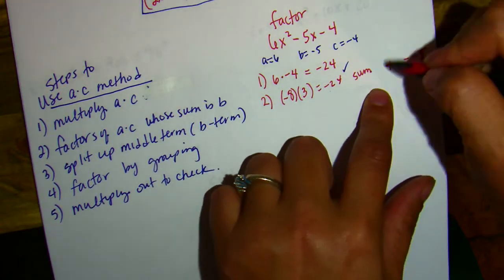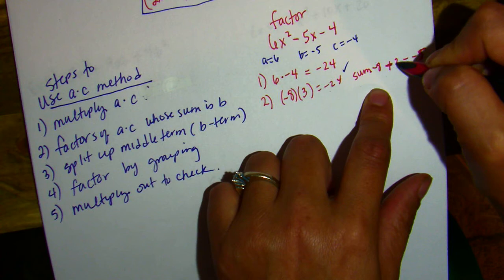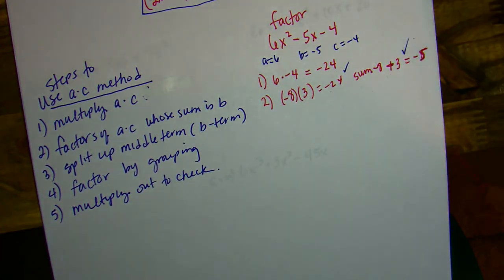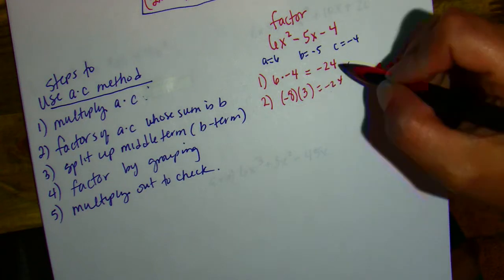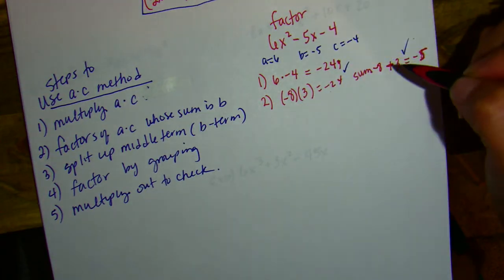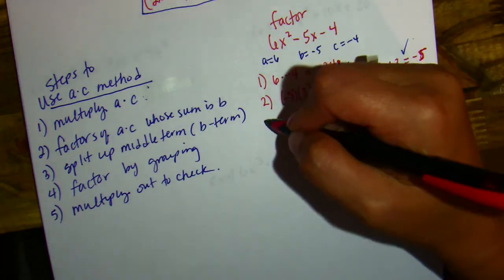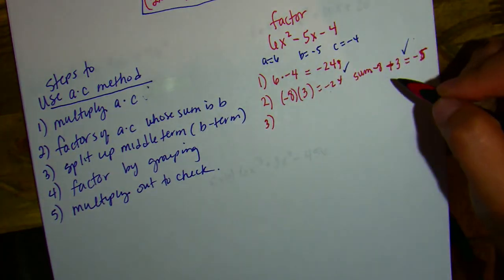But then over here, -8 plus 3 does give me -5. That's step 2. Figuring out what two numbers multiply to be -24, that A times C, that add up to be your B term. So then the million-dollar question is, well, what do I do with those two numbers?